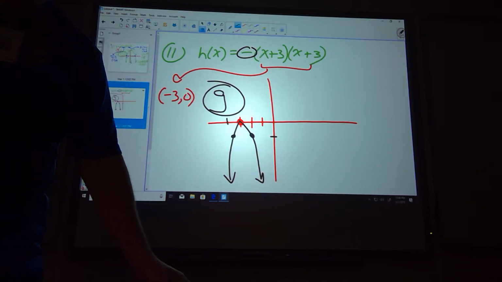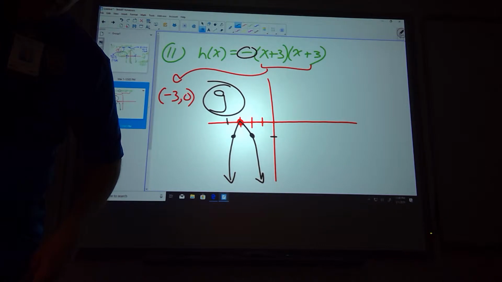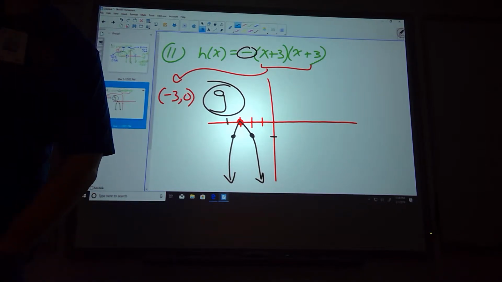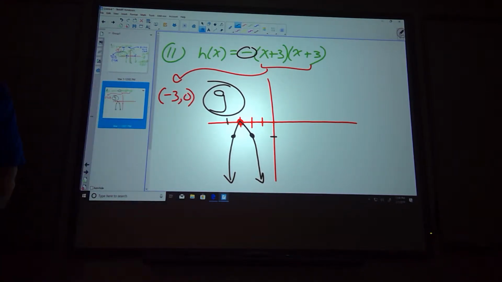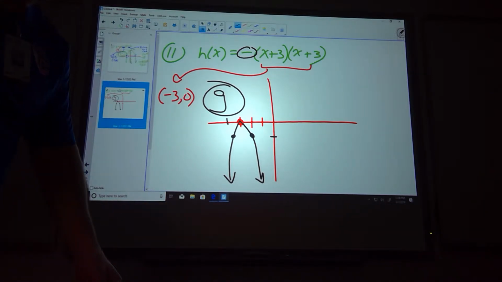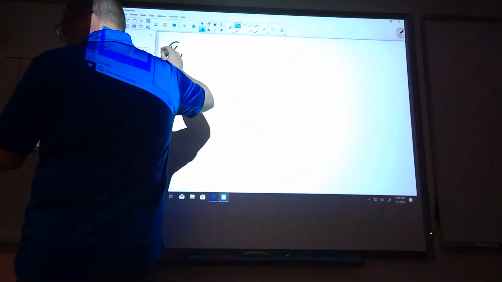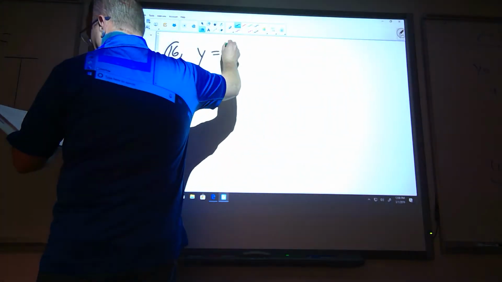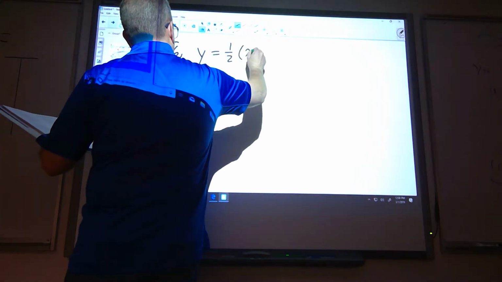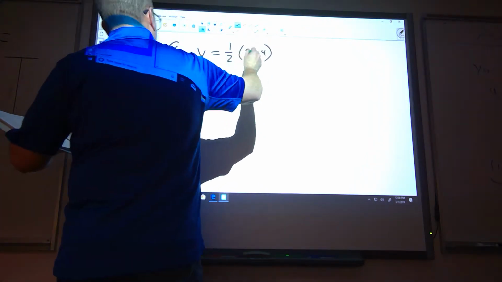What about the second page? 13 through 19. Yeah. 16. Number 16. Wait, y equals half, then I have x plus 4 and x minus 6.